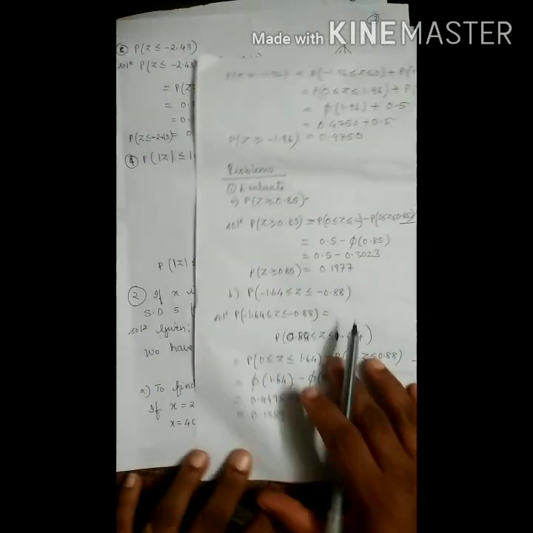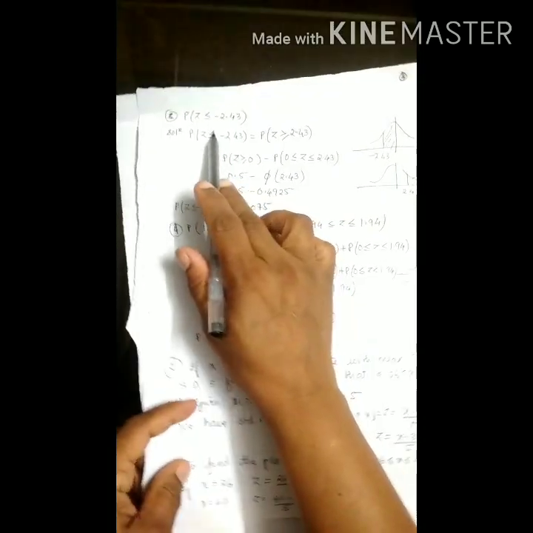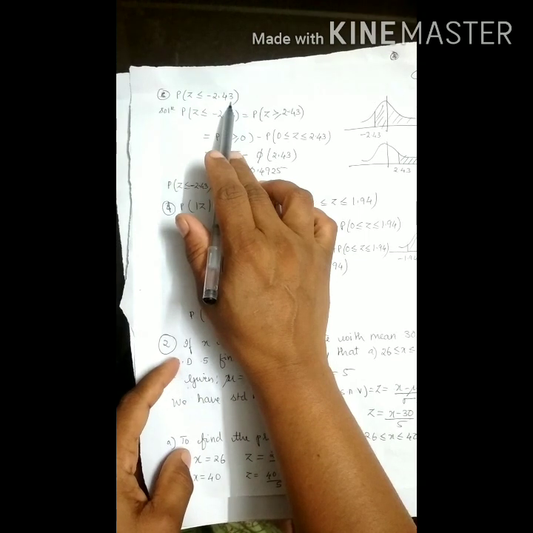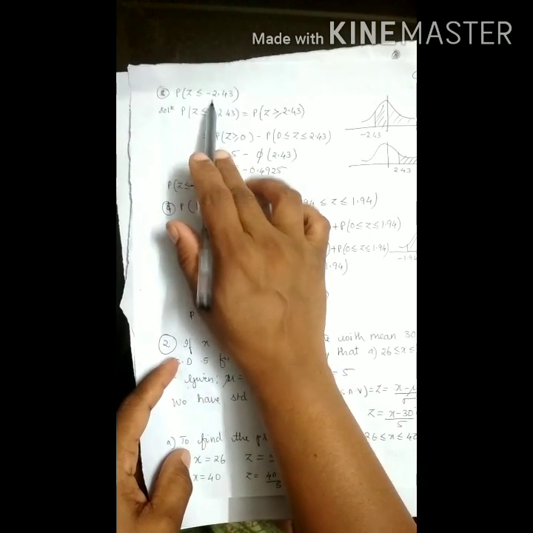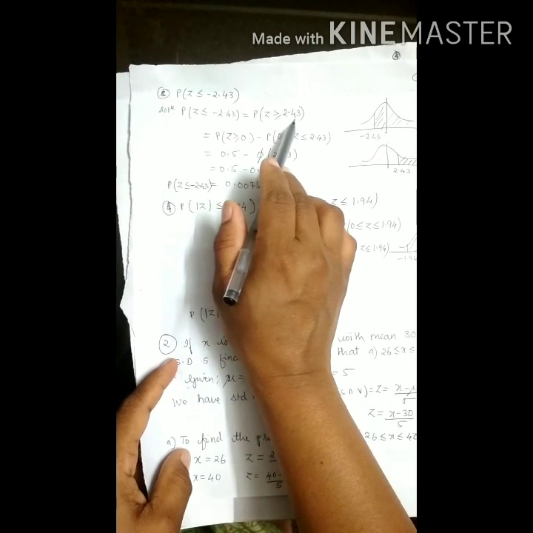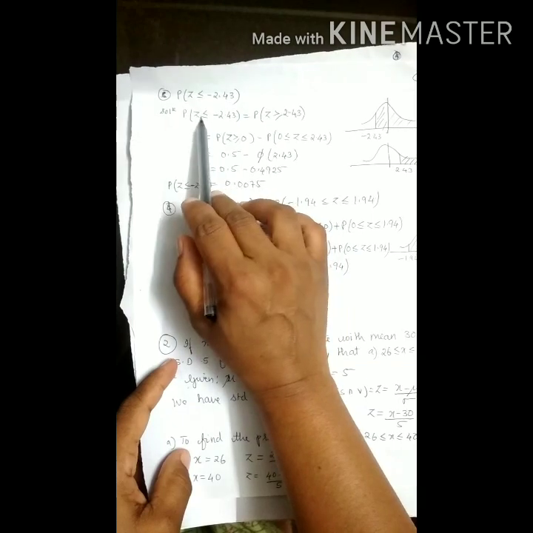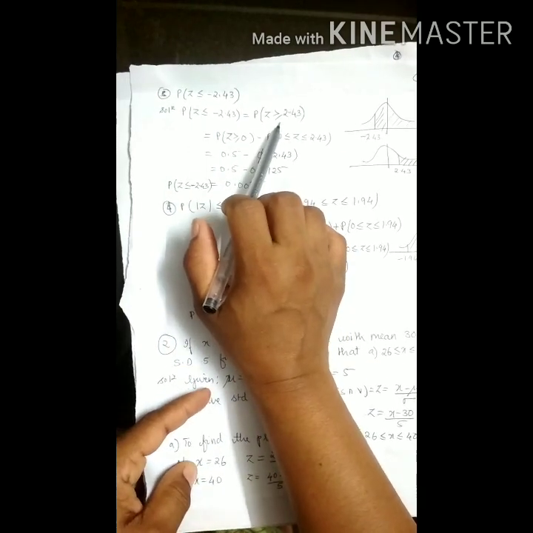Next, the third question: P of z less than or equals to minus 2.43. Since minus is there, change the inequality to greater than or equals to 2.43. Minus 2.43 becomes plus 2.43. Only the inequality changes; be aware of this.